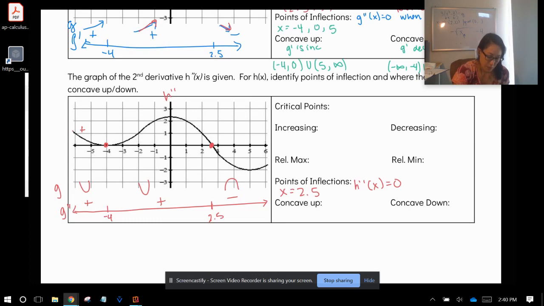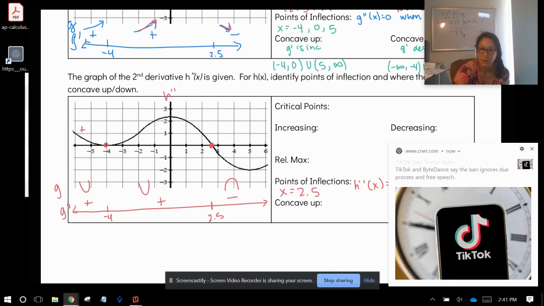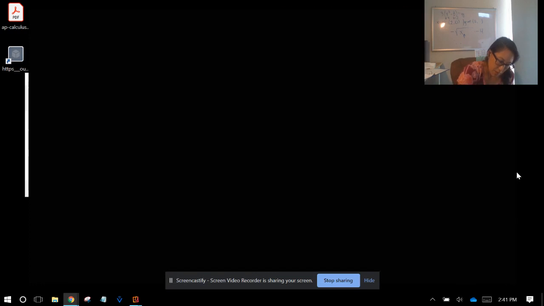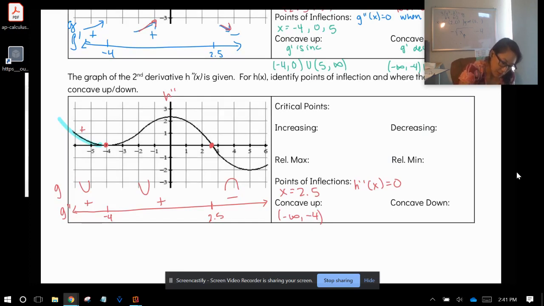The next part is to write our intervals where our graph is concave up or concave down. So we are concave up from negative infinity to -4. Then the 0 doesn't count, so then I move on.